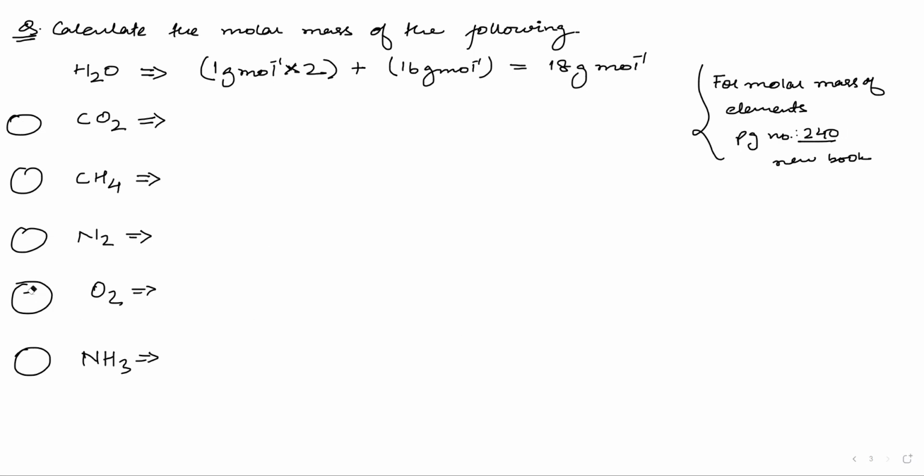Write A, B, C, D, E, and F. So for the first one, A, send in chat like this: 18. Don't worry about grams per mole, just send me the number. Then whatever answer you get for B, then C, D, E, and F.